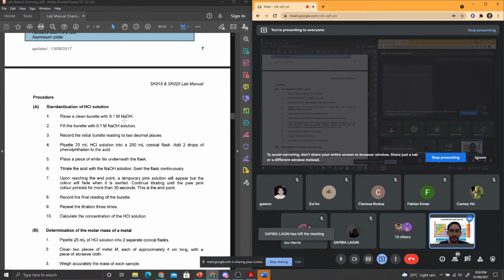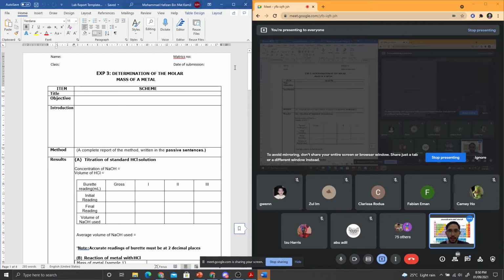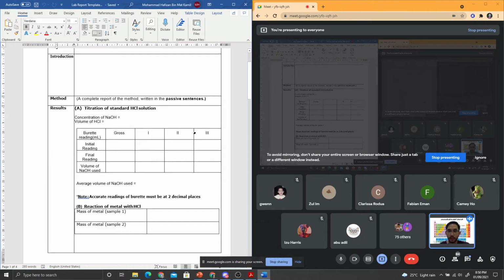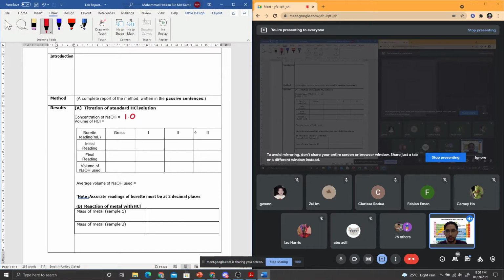Okay, so here, one thing I want you guys to take note of in this experiment: we do not use 0.1 molar of NaOH. We use a concentration of NaOH of 1.0 molar.